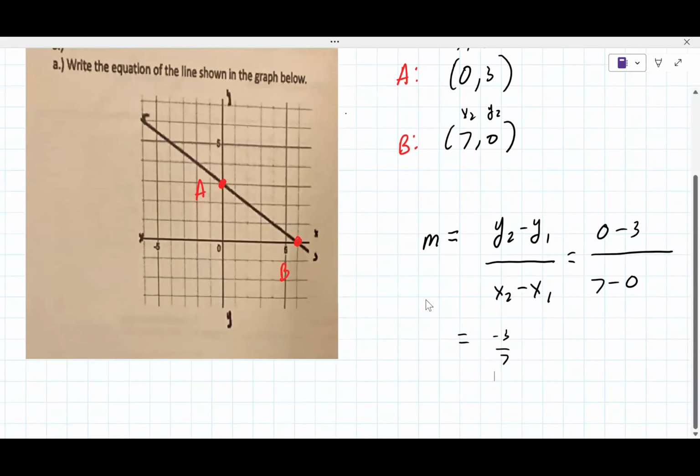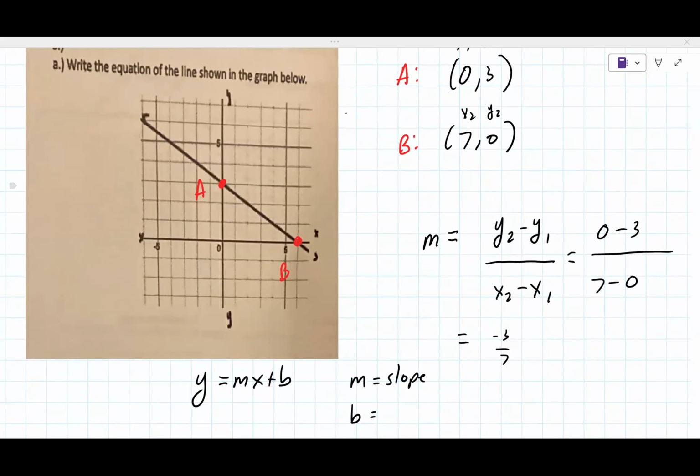Good. Okay, so the equation of the line is y equals mx plus b. M is the slope, which you have. Do you remember what b stands for? The y-intercept.